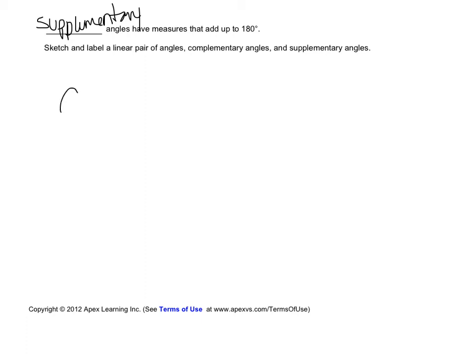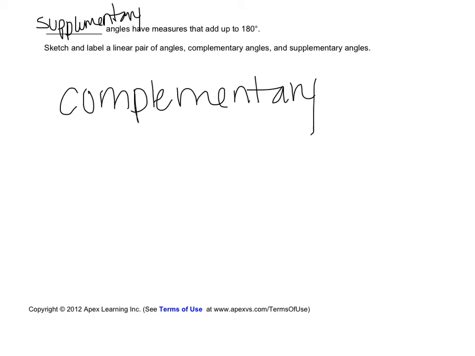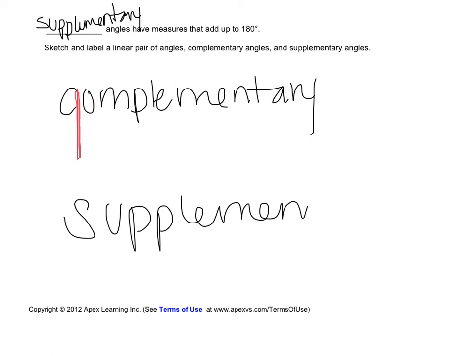So someone taught me this one time and it really made a lot of sense. If you think about the word complementary, you can take the C in complementary and turn it into a 9 for 90. If you think about the word supplementary, you can take the S in supplementary and turn it into an 8 for 180.